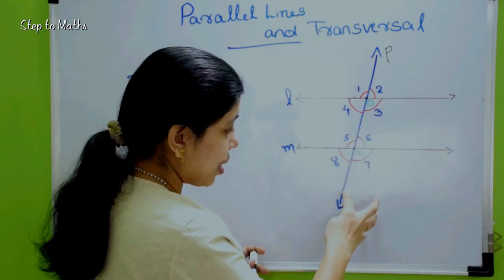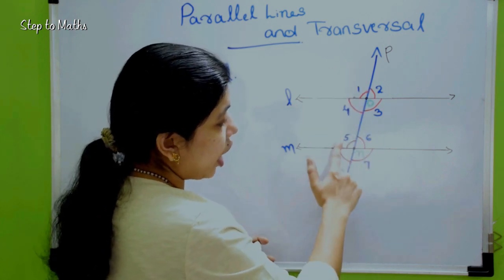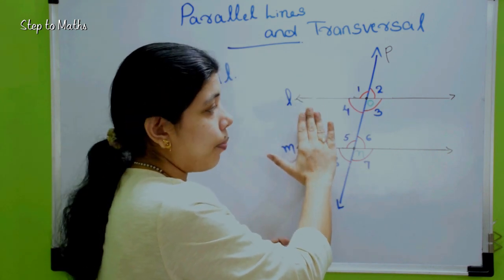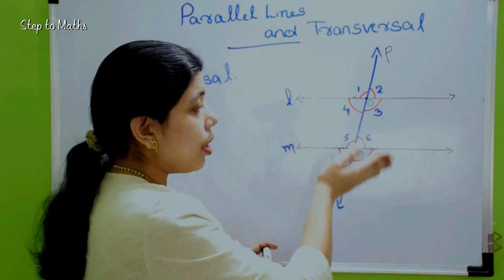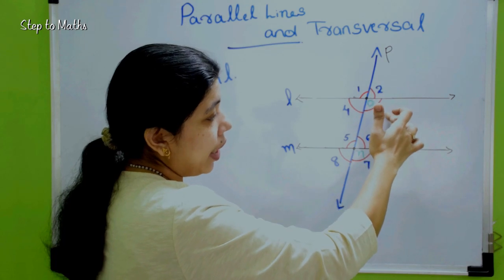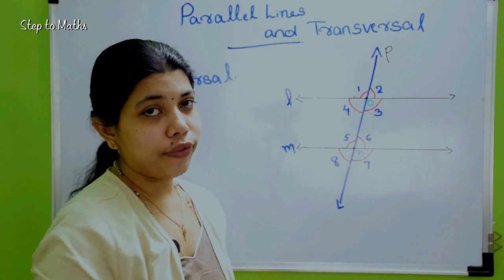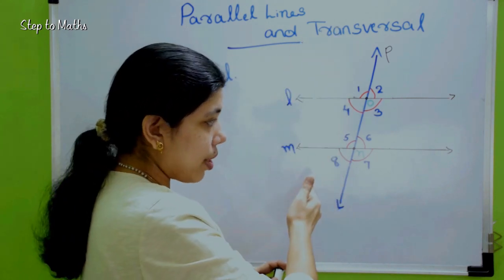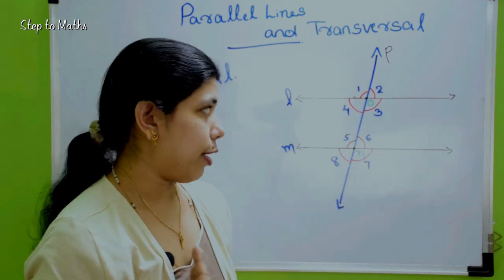This line P is the transversal, and angle 1 and angle 5 are on the same side of the transversal. Similarly, angle 4 and angle 8 are on the same side of the transversal. Angle 2, angle 3, angle 6 and angle 7 are on the same side of the transversal. That means 4 angles are on one side and the 4 angles are on the other side of the transversal.